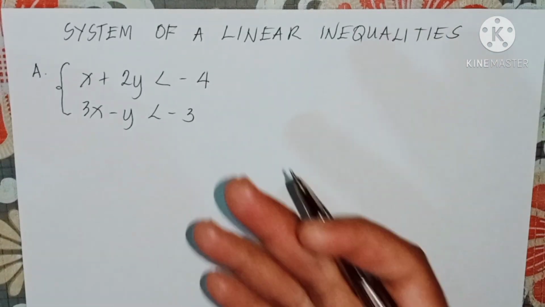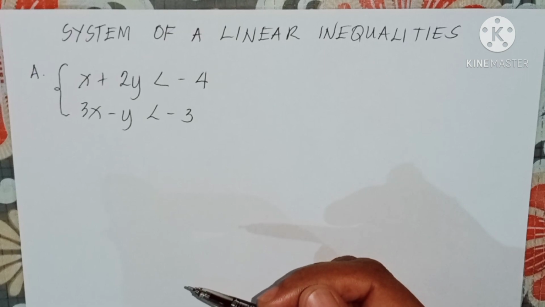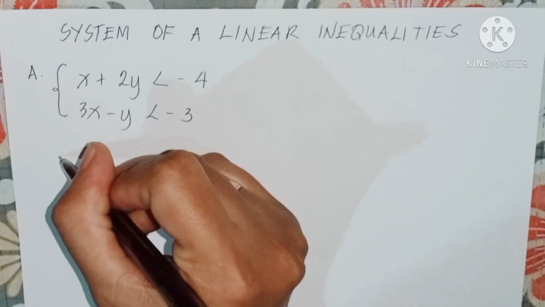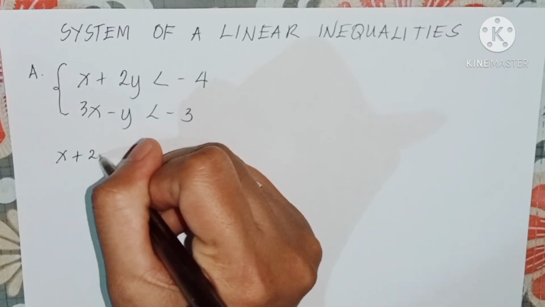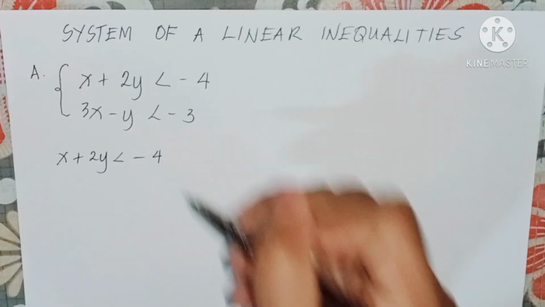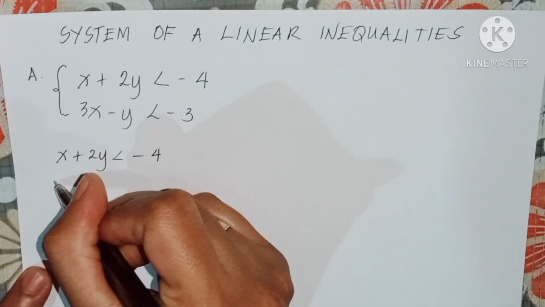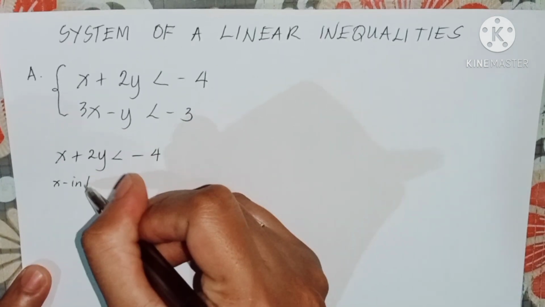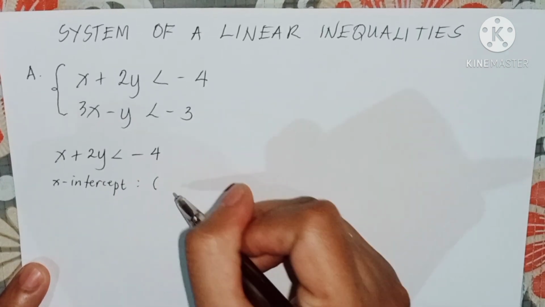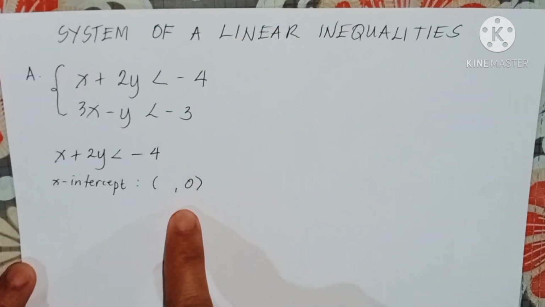So, the best solution is to use the intercept method. So we have x plus 2y less than negative 4. In the intercept method, we identify the x-intercept, wherein y is 0.